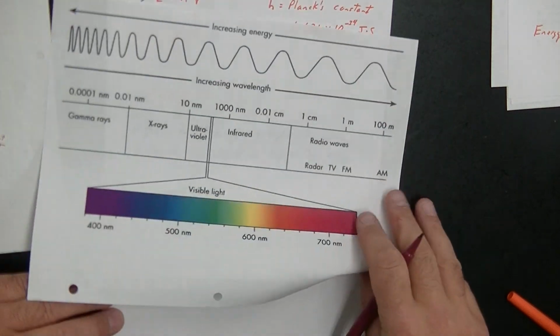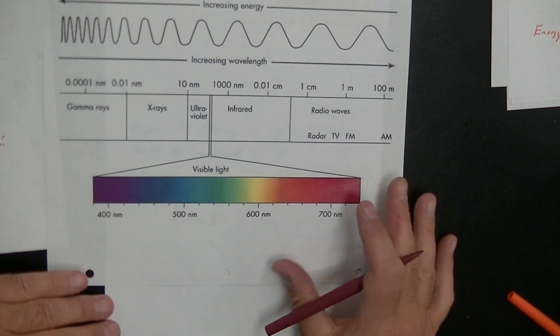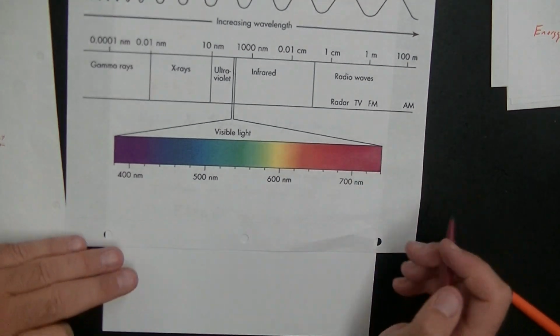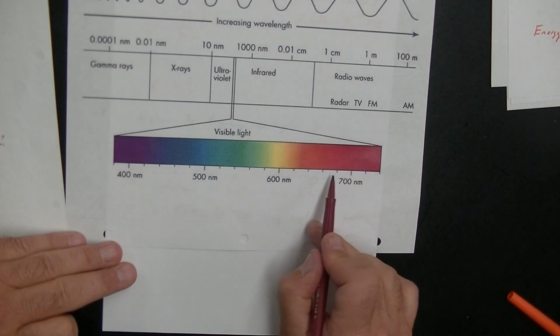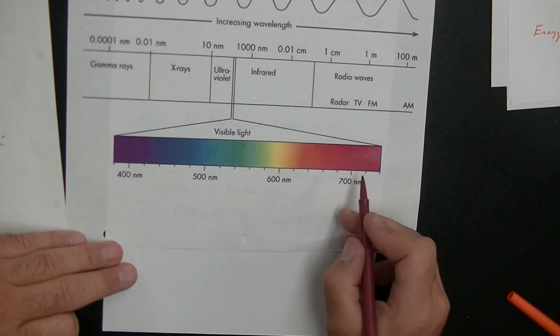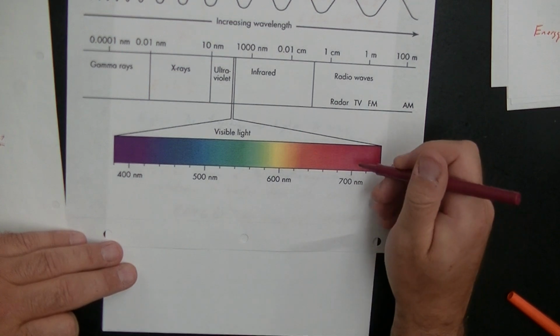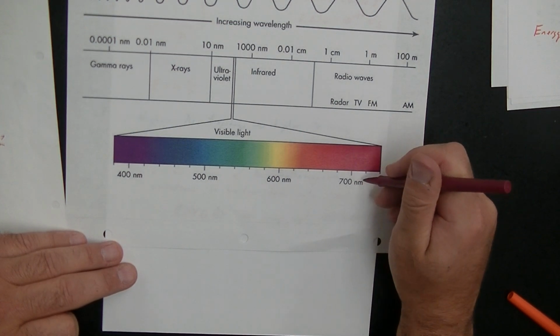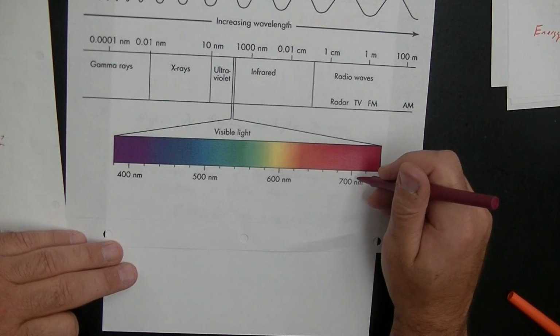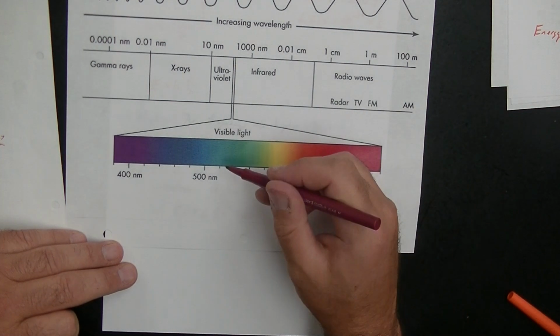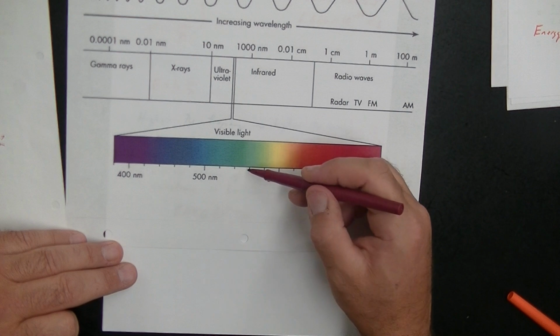So let's look over here. So there's lots and lots of reds, okay? So if I go from 700 to 701 nanometers, that's a different color of red. 20, 40, 60, 80.